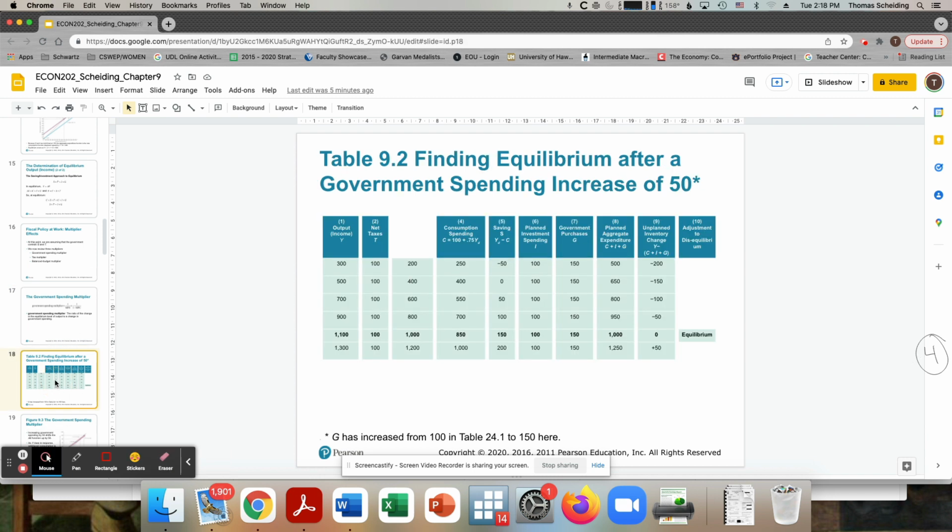And we see that here, when the government spends $50 more, right? So let's write this out here.